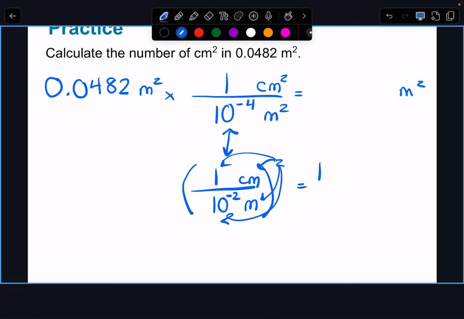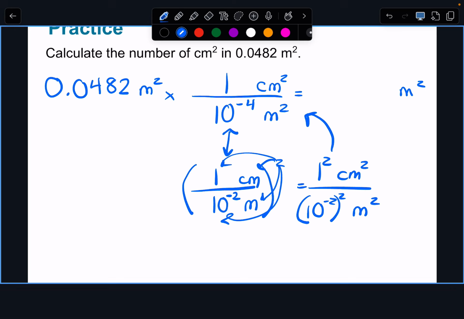So it's like 1 squared centimeters squared, 10 to the negative second squared meters squared. So when I say squaring it, that's what I'm doing. Or a simplified way of writing that, because 1 squared is just equal to 1: 1 centimeter squared is equivalent to 10 to the negative second squared, which is 10 to the negative fourth.